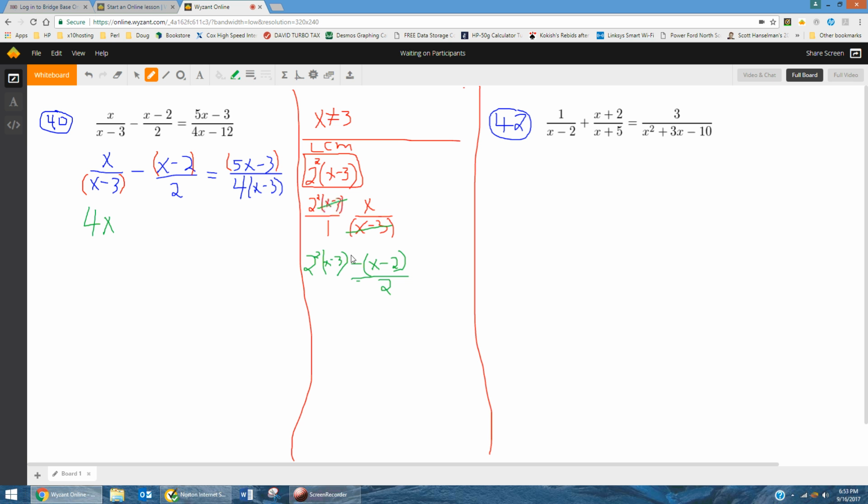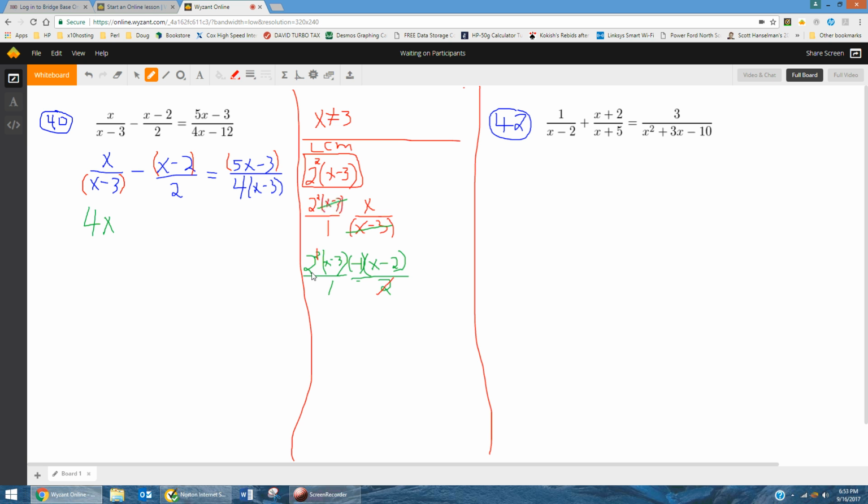And I can think of this as a minus 1 right here. And this is all over 1. What cancels out? One factor of 2. Go to red here. So one of these factors of 2 cancels out.